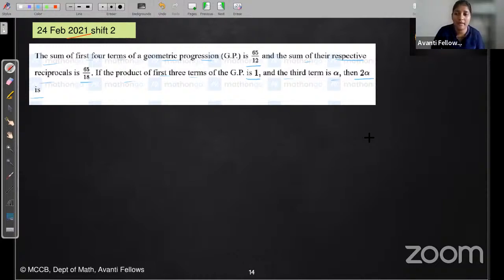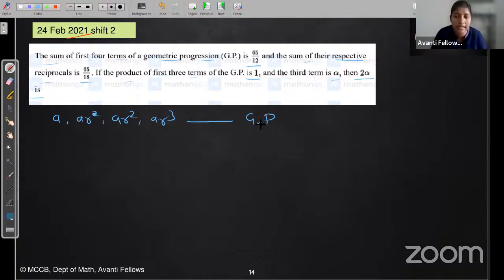What is the first statement? The sum of the first four terms of the geometric progression is 65 by 12. For that, we need four terms of GP. So I'll assume A, AR, AR square, AR cube to be the first four terms of GP.